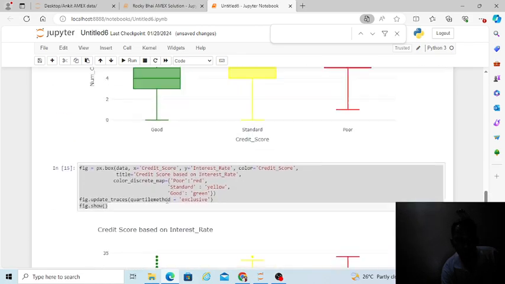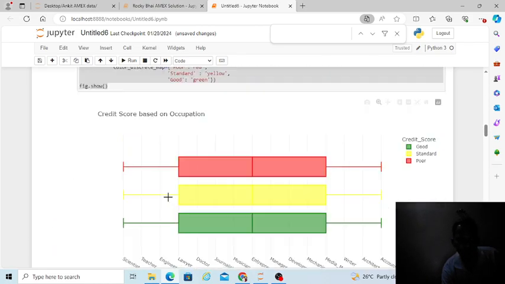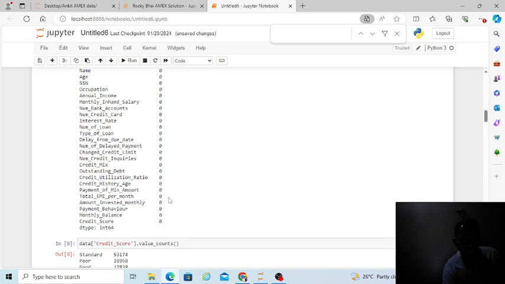Okay, now I will check this. Changed credit limit, this will not affect much. Number of credit inquiries, this will not affect much. Okay, outstanding debt can have an effect.